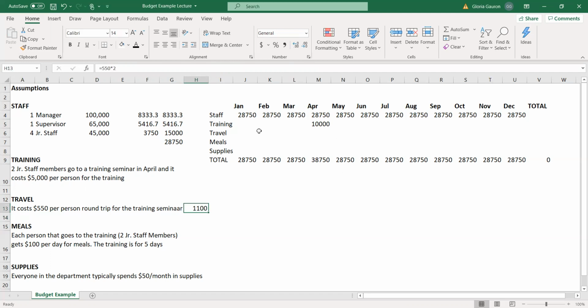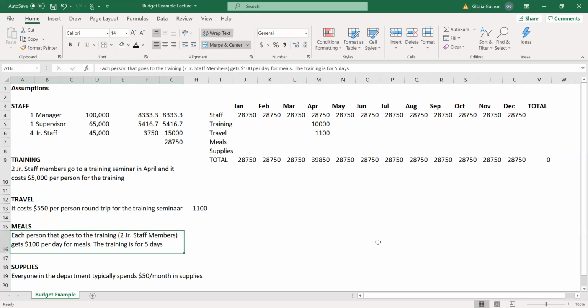Well, where would that go in here? Well, because the training is happening in April, the assumption is that the travel will also happen in April. So under the travel line in April, I'm going to type in $1,100.